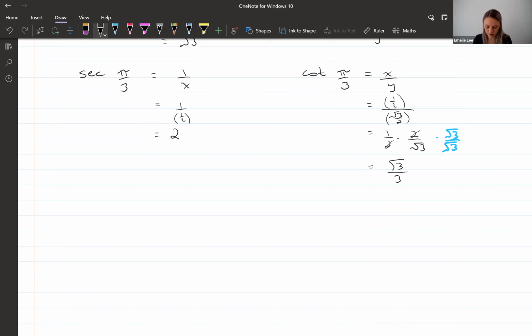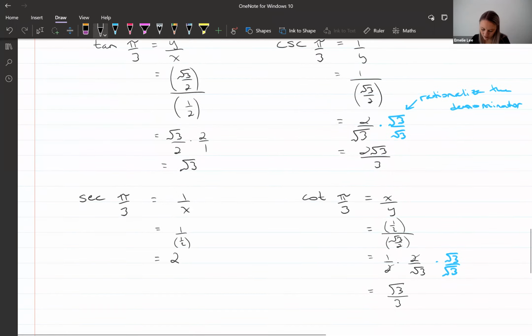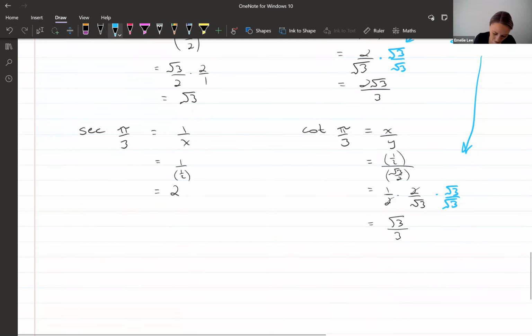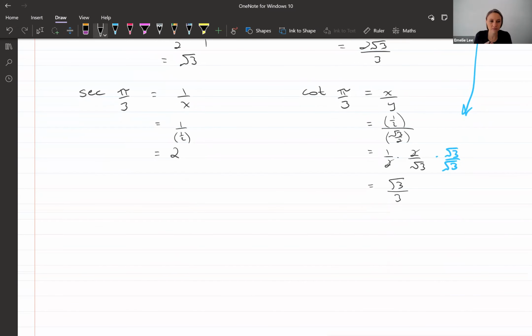Good. We're doing the same thing again. You don't want to have a root in the denominator. That's all we're trying to avoid. And how do you do that?